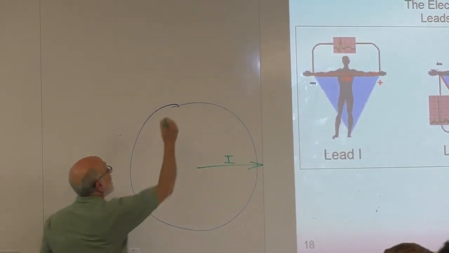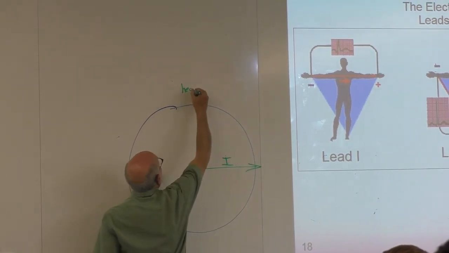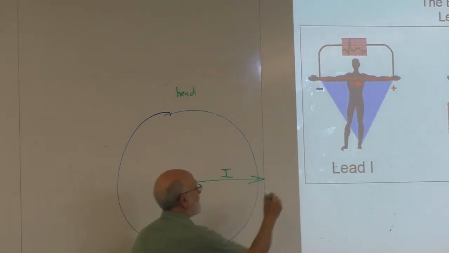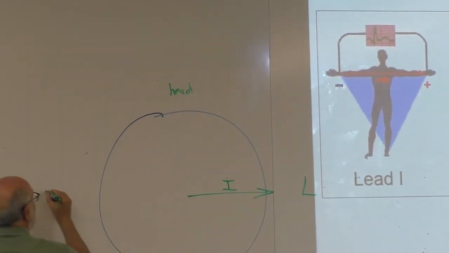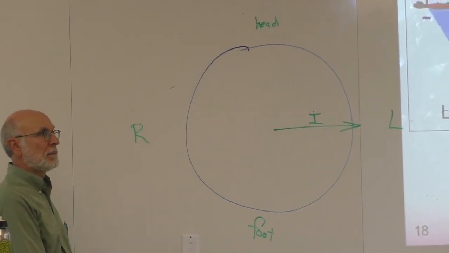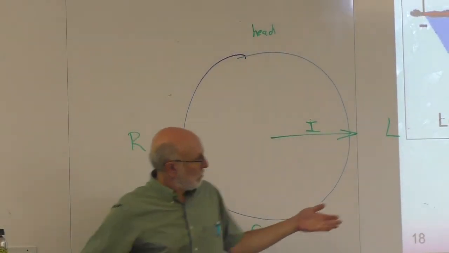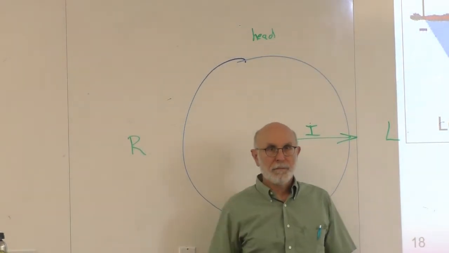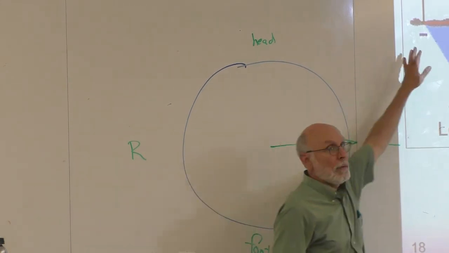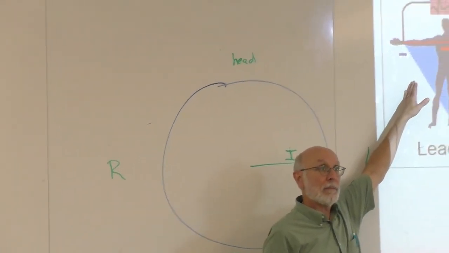on the chest. So the head is up here, foot is down here. This is left, and this is right. We're looking at somebody else's body. Right. Left, right. Lead 1, you're going to record lead 1 in lab.